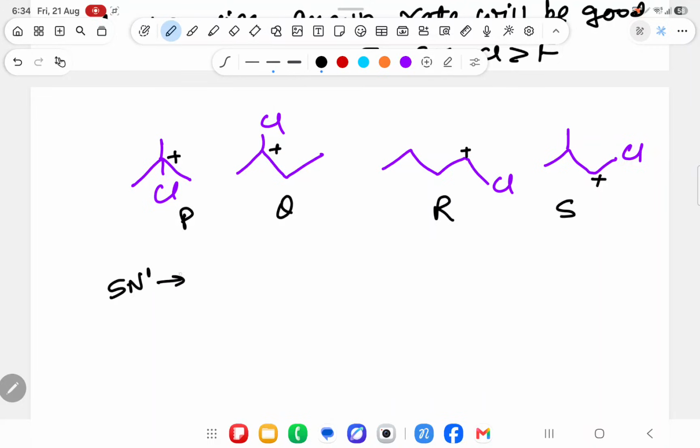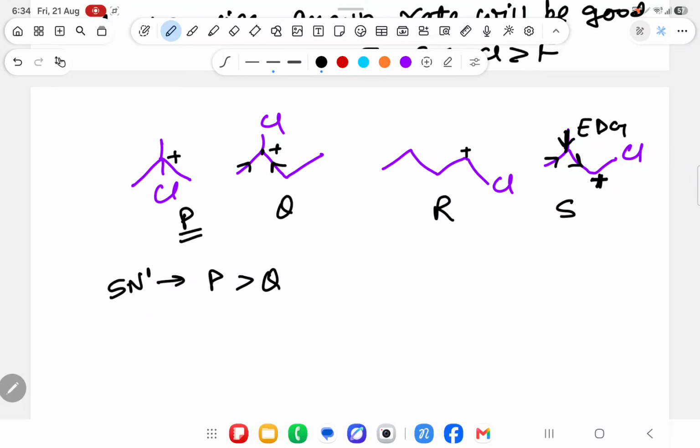SN1 is asked, so what will you say? P is a 3 degree carbocation, so P. Then this is 2 degree and this is also 2 degree. Here 3 degree, here 2 degree. Now on this side, only one side has an electron donating group, but here this side also has an electron donating group.